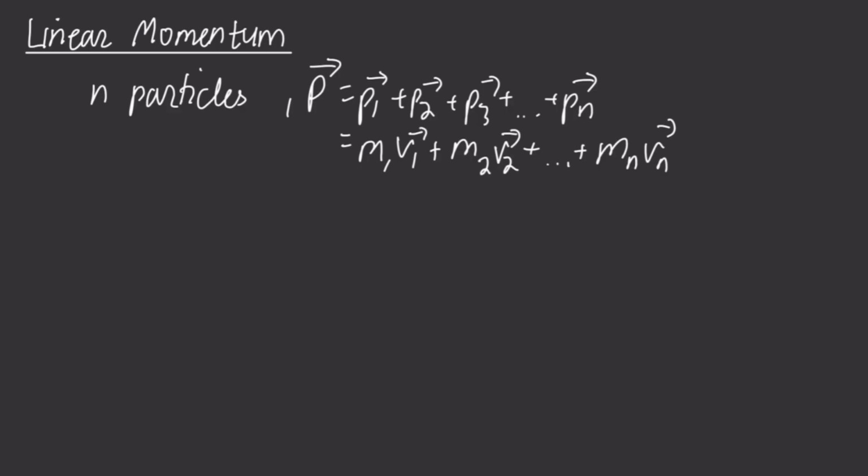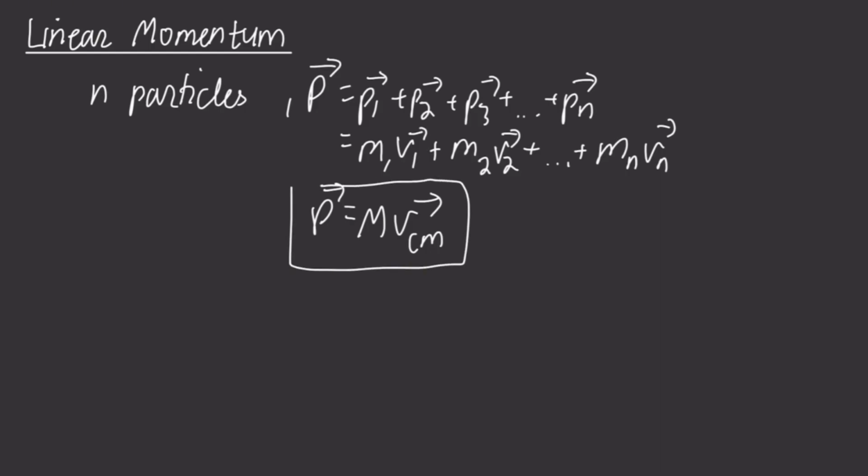If we compare the equation with the one we got before, we can see that big P simply equals big M times the velocity of the center of mass. And that is why we discussed the center of mass before discussing linear momentum. So the linear momentum of a system of particles is just equal to the product of the total mass of the system and the velocity of the center of mass.